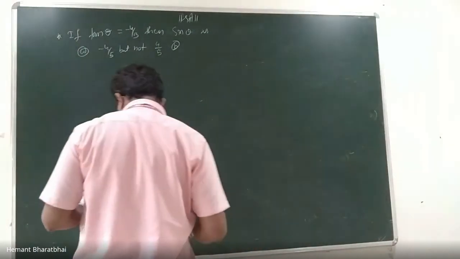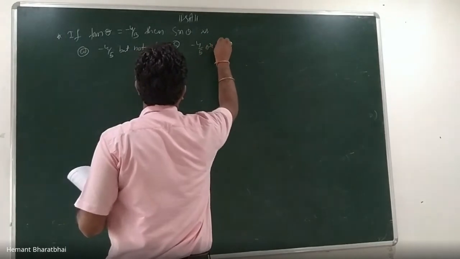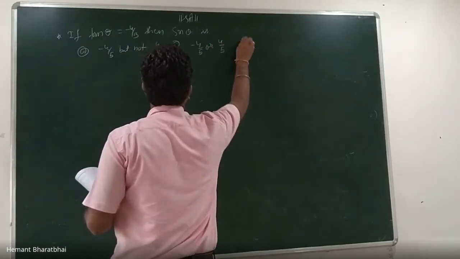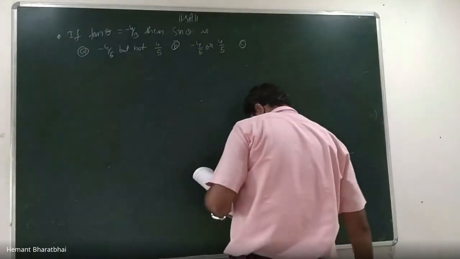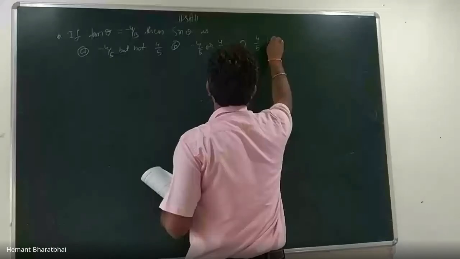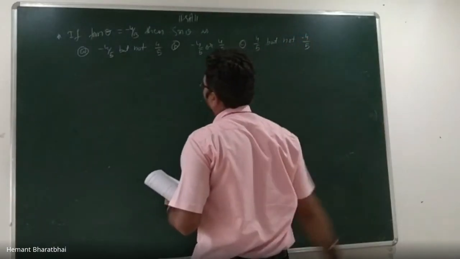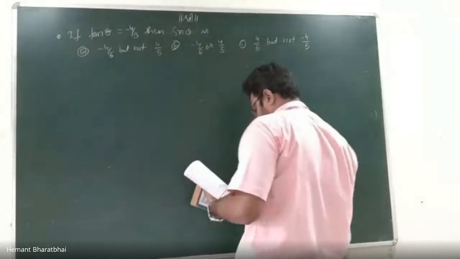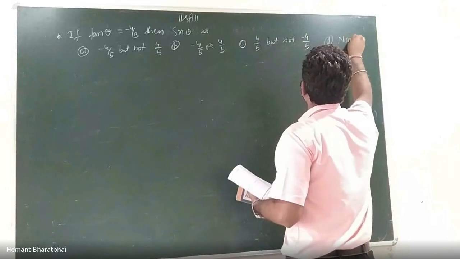Option number B, minus 4 by 5 or plus 4 by 5. Option number C, 4 by 5, but not minus 4 by 5. And option number D, none.